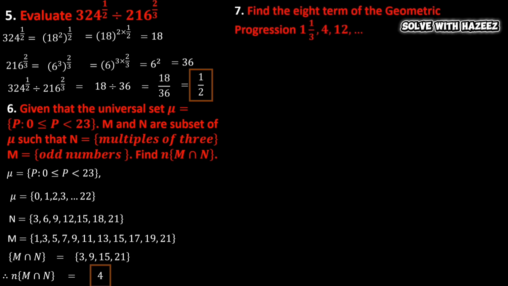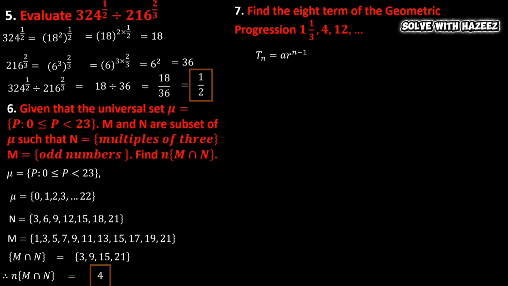So moving up to number 7, find the eighth term of the geometric progression 1 1/3, 4, 12, dot dot, that is it continues. So this question is coming from geometric progression. So now let us define the nth term, that is the first term, second term, third term.